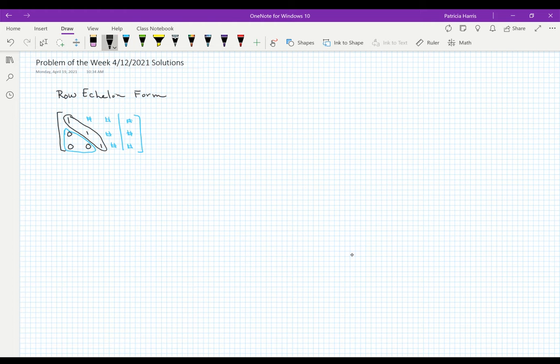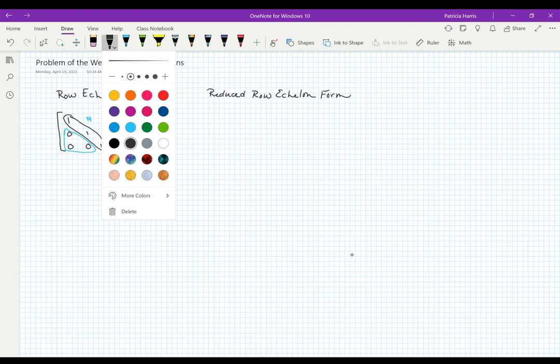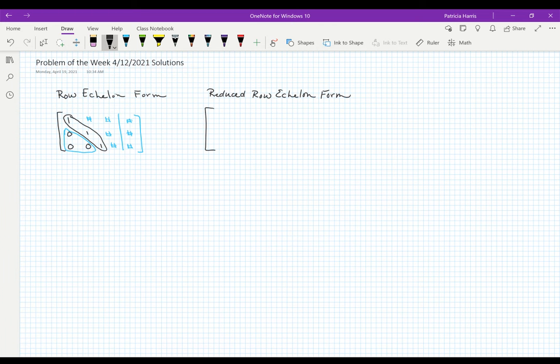Okay. Reduced row echelon form. You are looking for something with an augmented matrix. Okay.